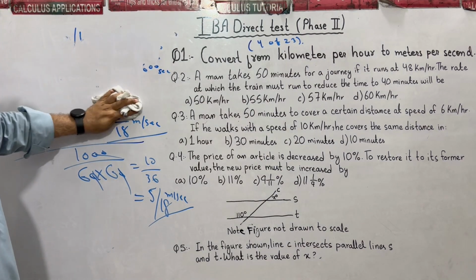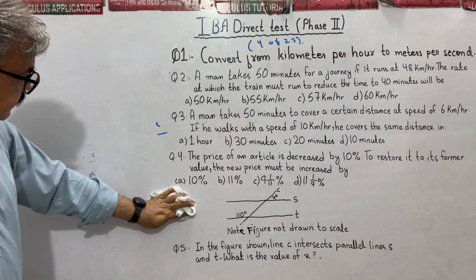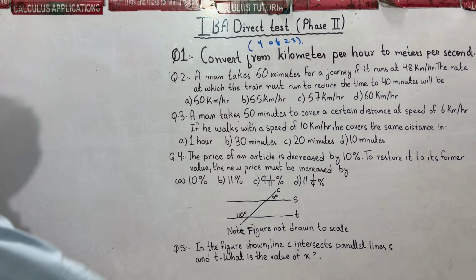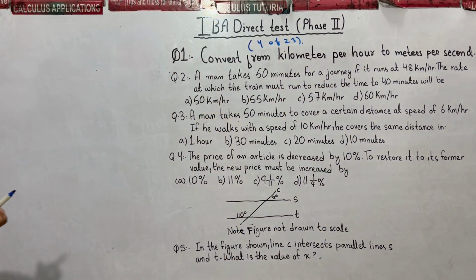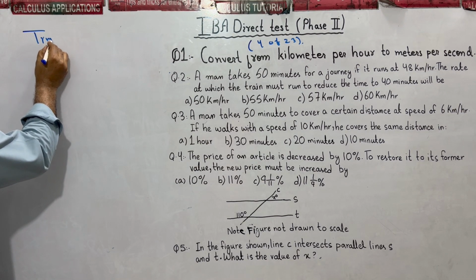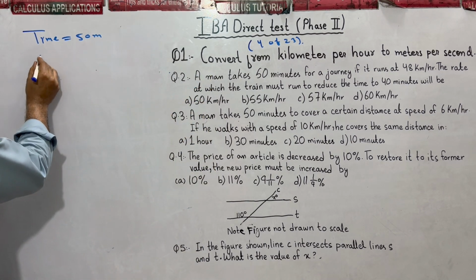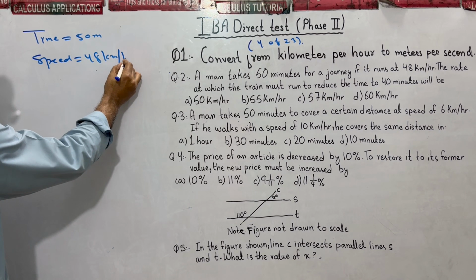Moving towards question number 2, related to speed, time, distance, some sort of tiny questions of starting physics. A man takes 50 minutes for a journey if he runs at 48 kilometers per hour.